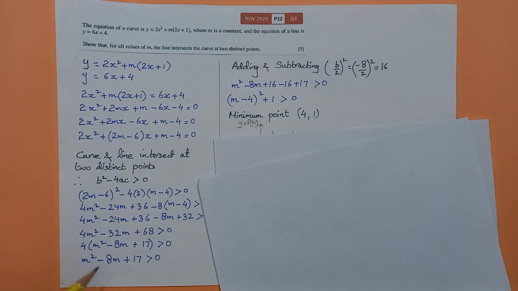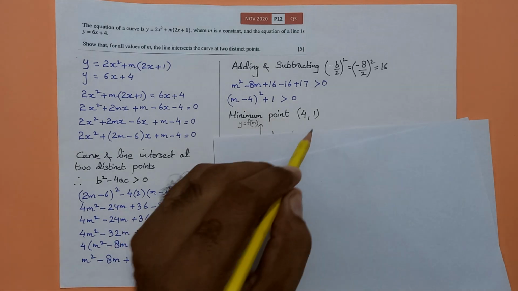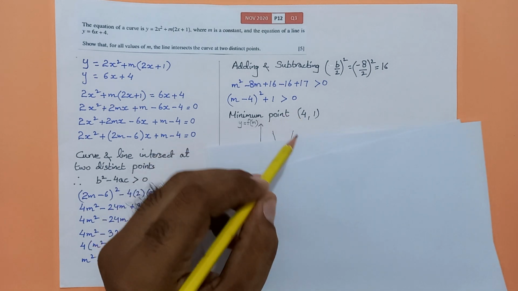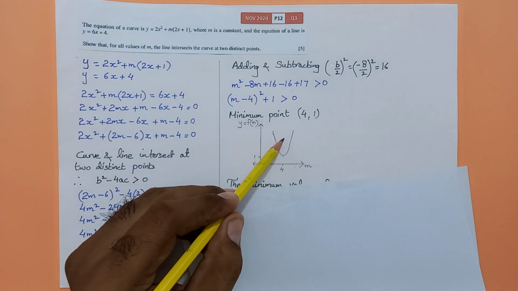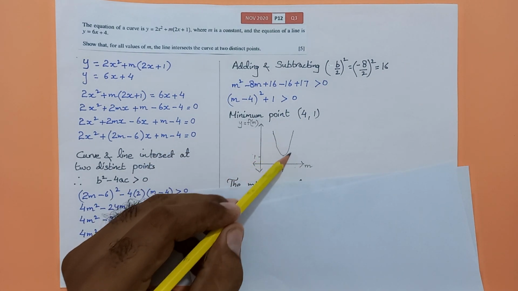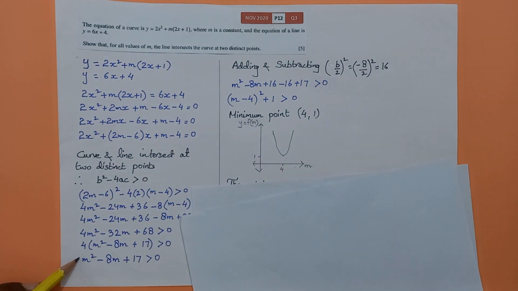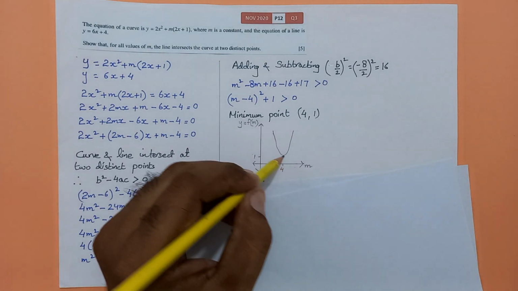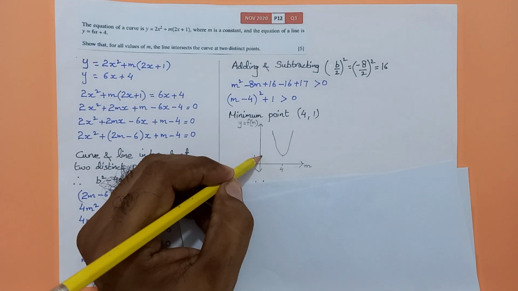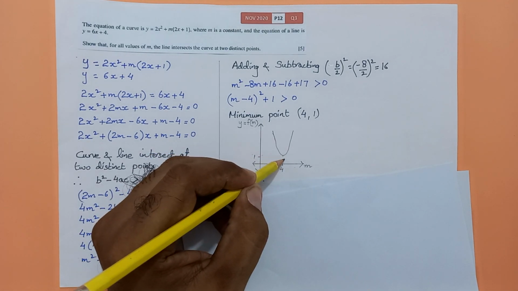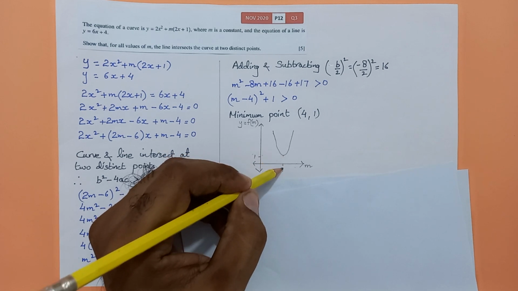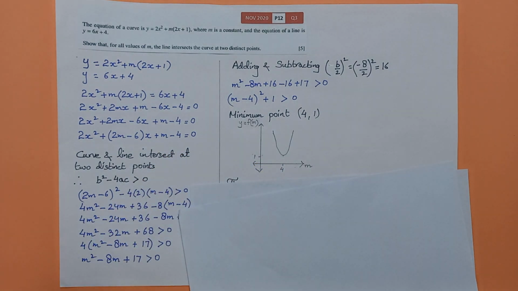If we just draw a sketch of this particular quadratic equation for a minimum point of 4 comma 1, we have observed that the graph that we have made is a u shape because the coefficient of m square is 1. Secondly, the minimum point is 4 comma 1, so that means the graph is above the x-axis.